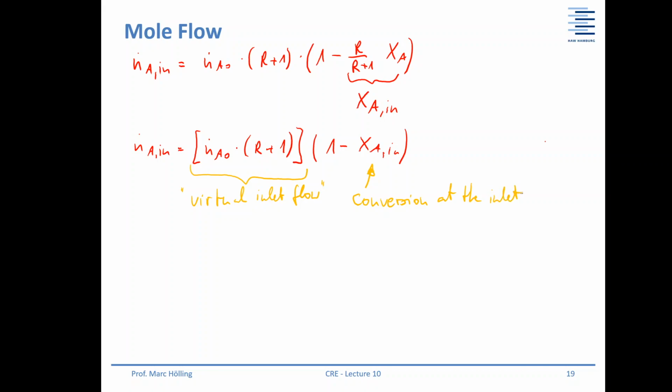So we are not starting with an unconverted flow, since we are recycling a little bit of our flow. This means we have an initial conversion at the inlet of our plug flow reactor. And for this XA in, you can say this is the same as R over R plus 1 times XA. This is the outlet conversion of our real reactor.